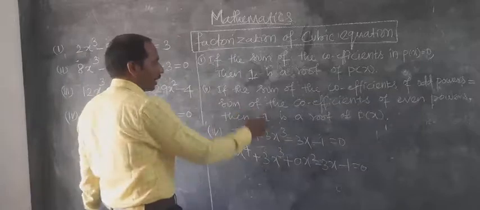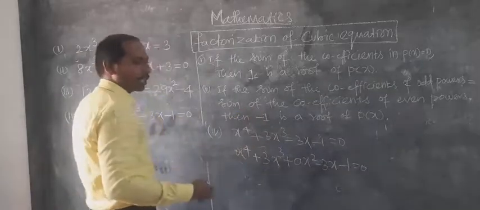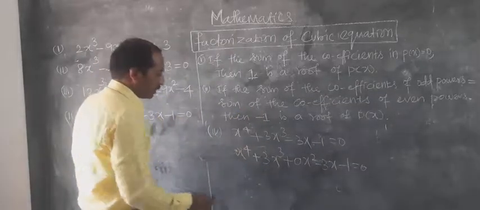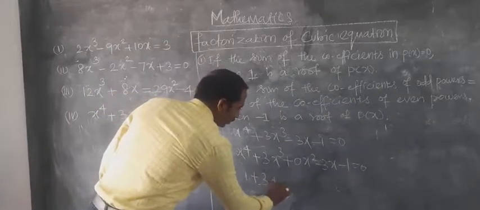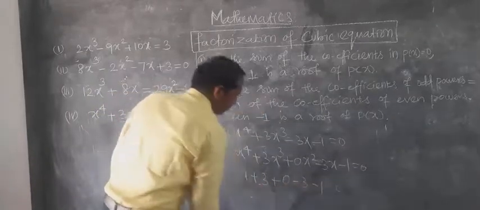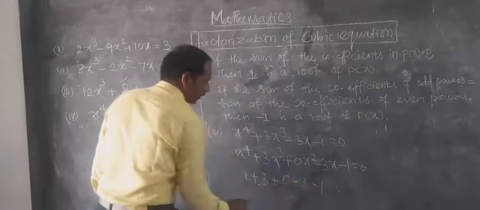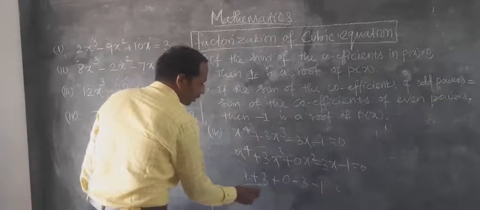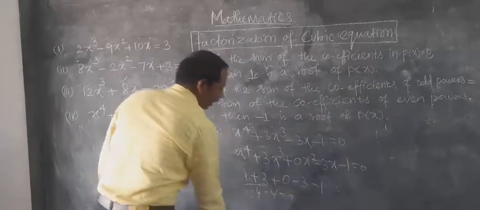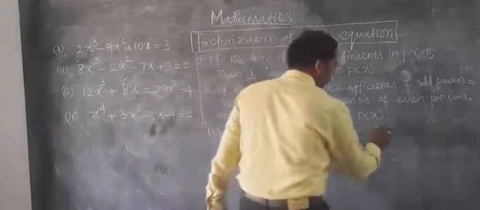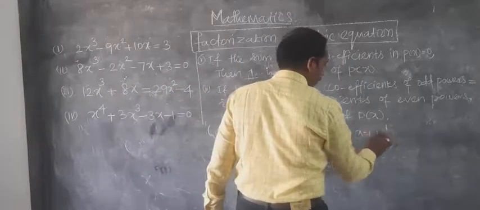Suppose the two numbers do not satisfy, then you have to take x equal to 2 again. So here 1 plus 3 plus 0 minus 3 minus 1: 1 plus 3 is 4, and negative 4, equal to 0. 1 is satisfied, using synthetic division with x equal to 1.